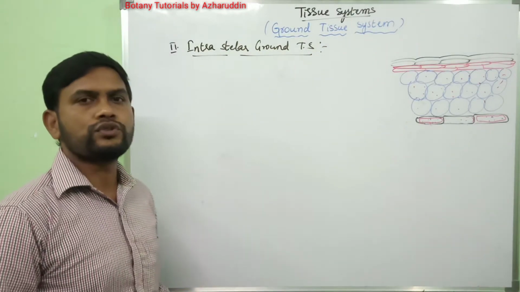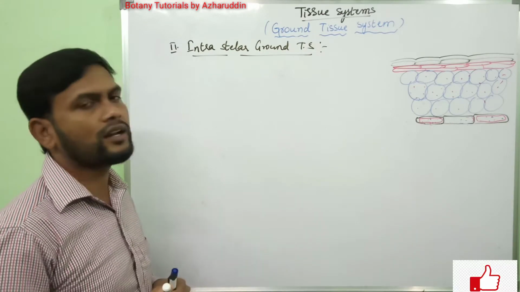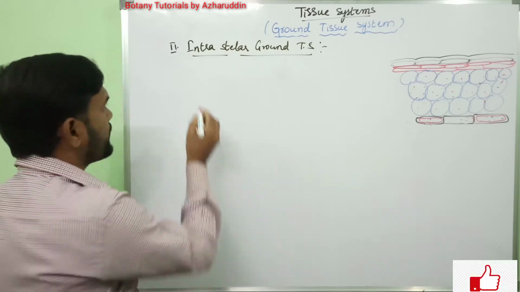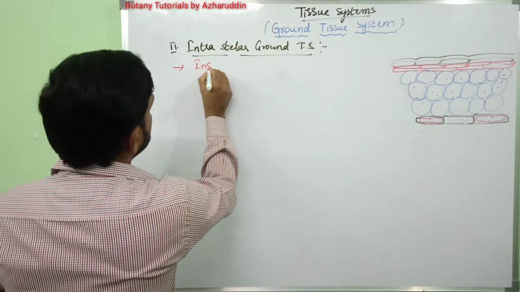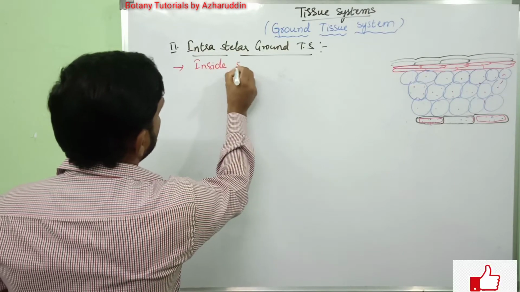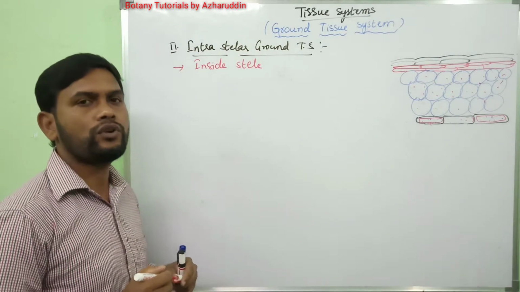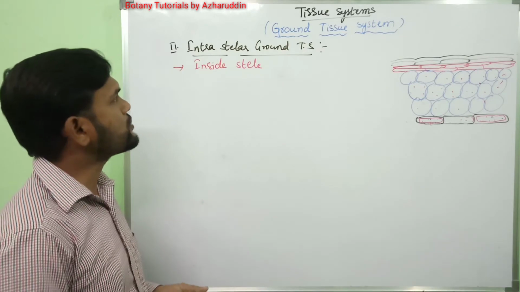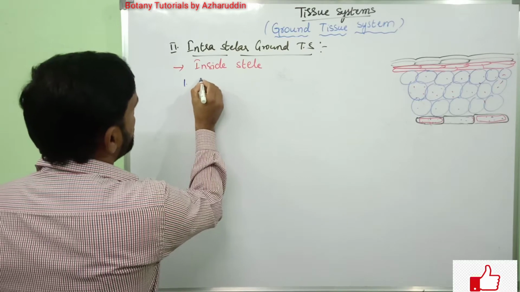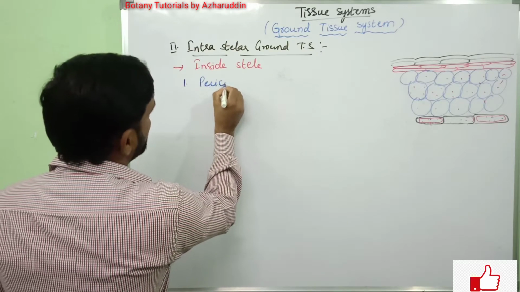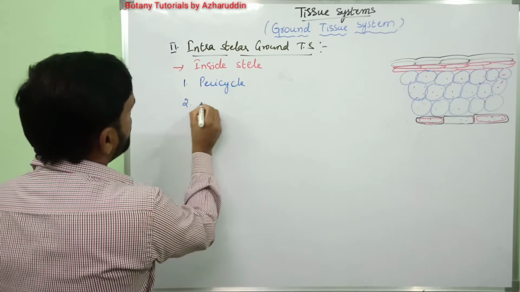The ground tissues which are present in the stele are called the intrastellar ground tissue system. Where are they present? They are present inside the stele. They comprise the pericycle and medulla.